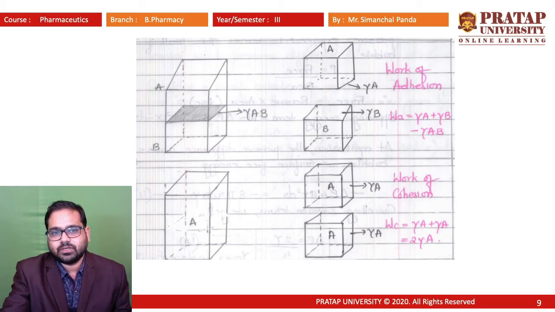The first one has two different molecular cubes, represented as A and B. A has its surface and B has a different surface, and they have a common surface, and gamma is the surface tension between the two, represented as gamma AB. But in the second one, we can see it is clearly one surface, only A. So the force applied here is the cohesive force.